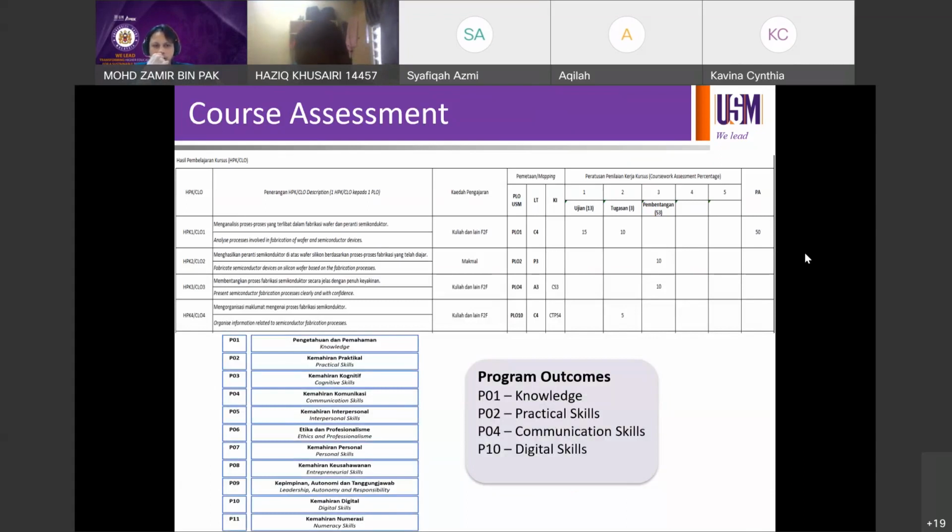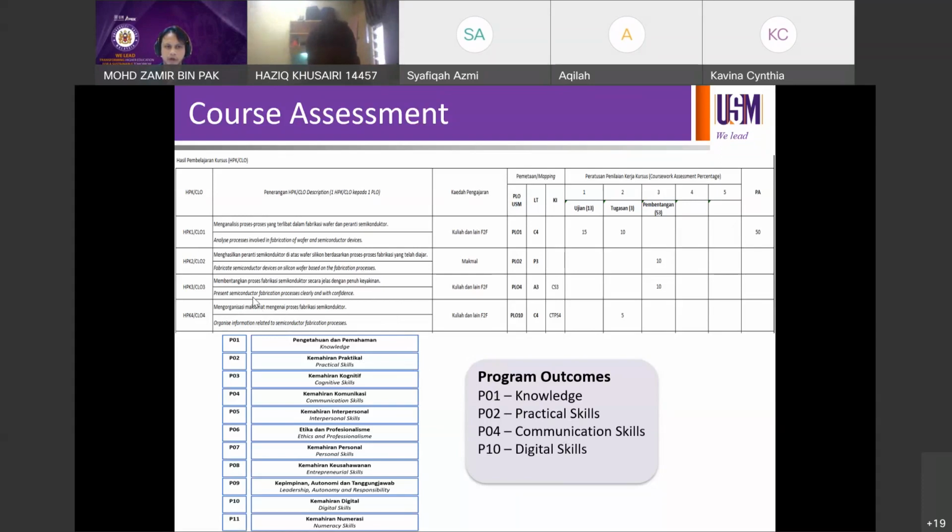If you look at the 4 program outcomes that we've discussed in the previous slides, the first one, analyze processes, is mainly addressing PO1, which is related to knowledge. PO2 is intended for practical skills by doing the fabrication or hands-on work in the lab.